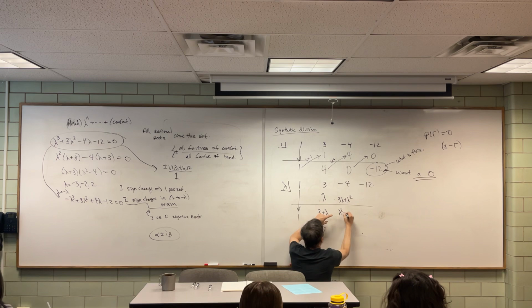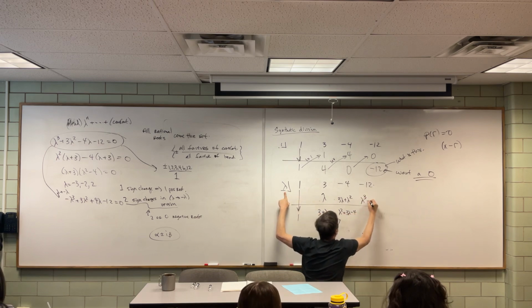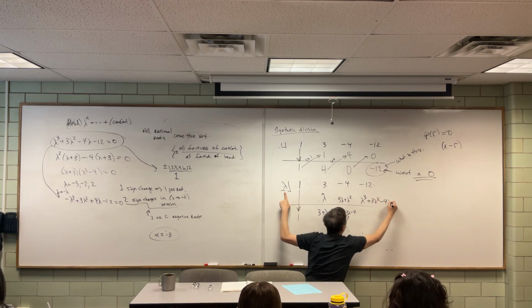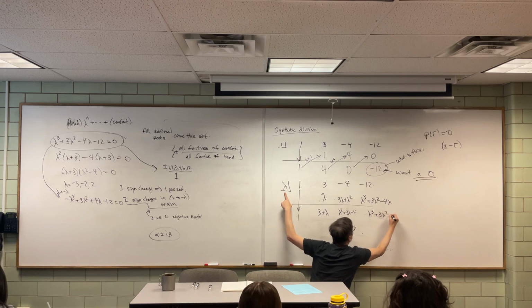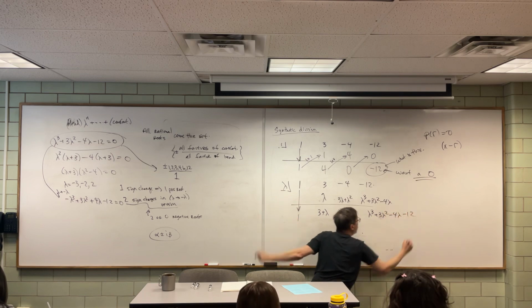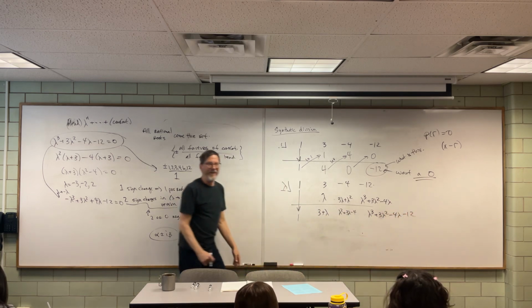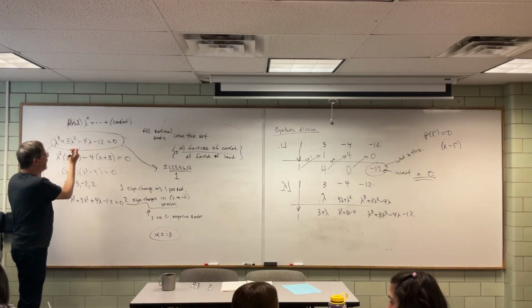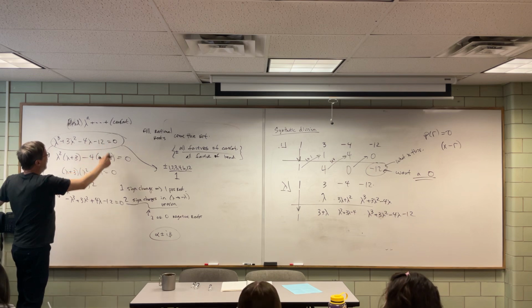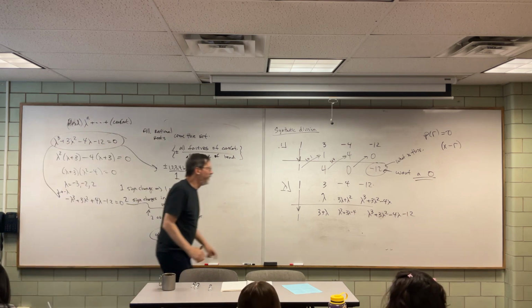So you get lambda squared plus 3 lambda minus 4. Add down, what did I end up with? The original polynomial. So that's what I mean. It's a quick way to do this on the fly.